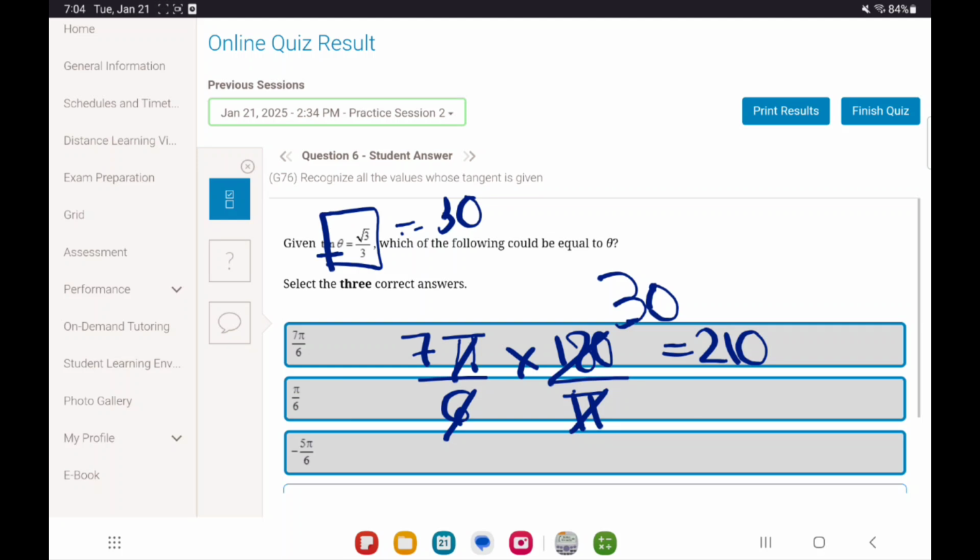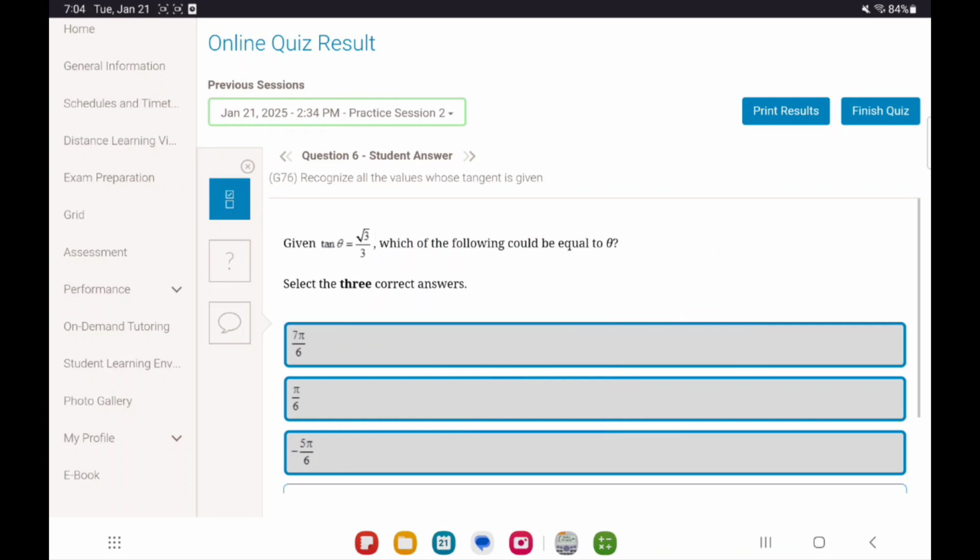Okay, so here 210 minus 30 equals 180, and we know that tan rotates every 180.